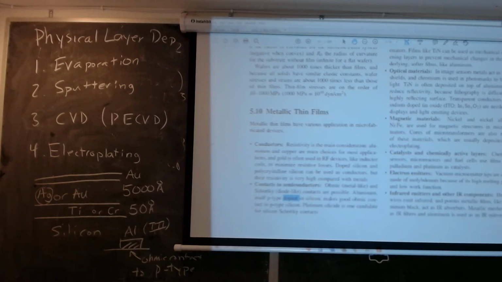Now you will notice, which I don't think I have the slide here, but when we looked at NAM's evaporator, if you remember, the material he had in the thermal pocket was gold germanium, and that's because for gallium arsenide, germanium is an N-type dopant.